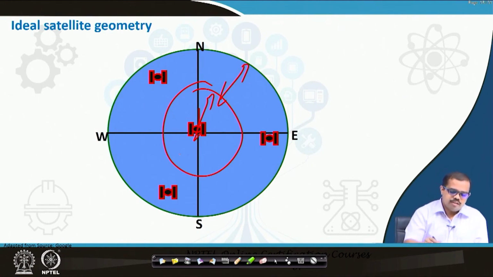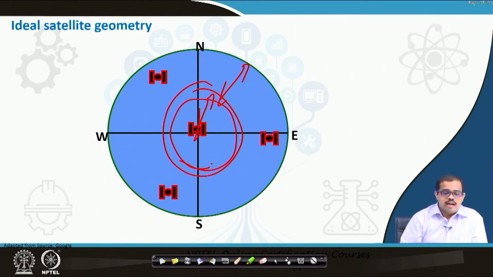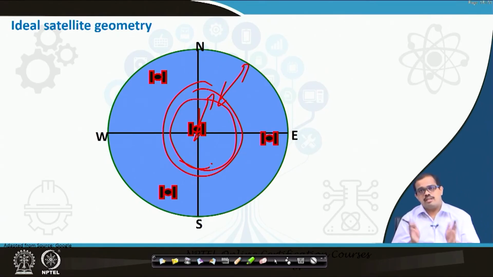At least some satellites in the inner circle and many satellites in the outer circle is extremely necessary, and most of the satellite signals should not crisscross each other. That is another very important point when you are looking at the ideal satellite geometry.